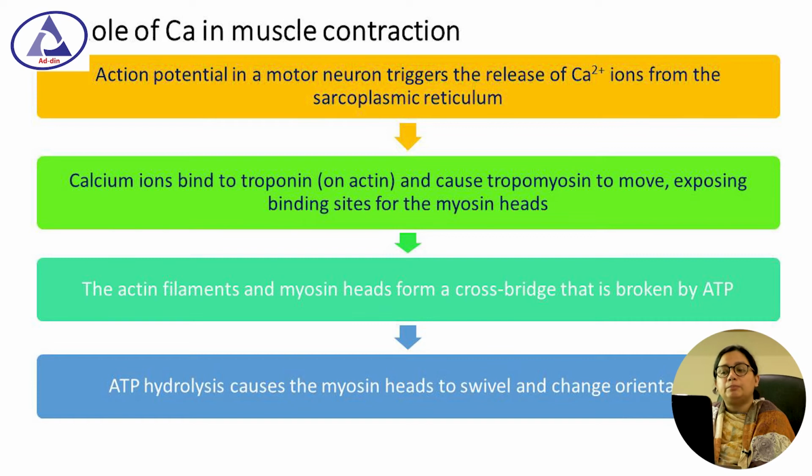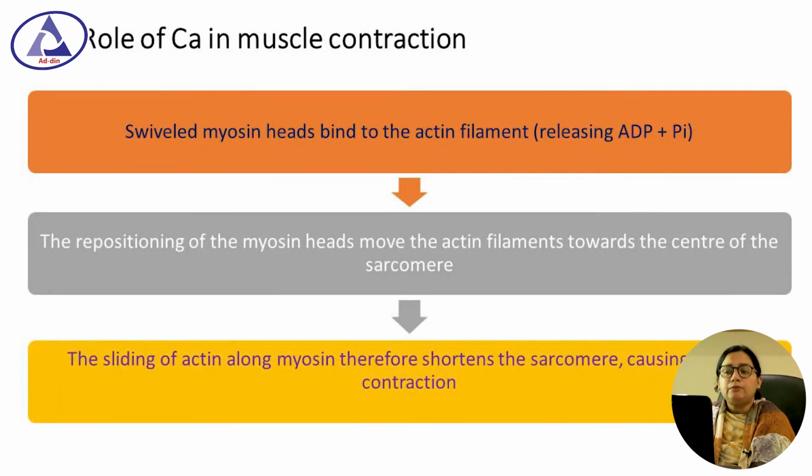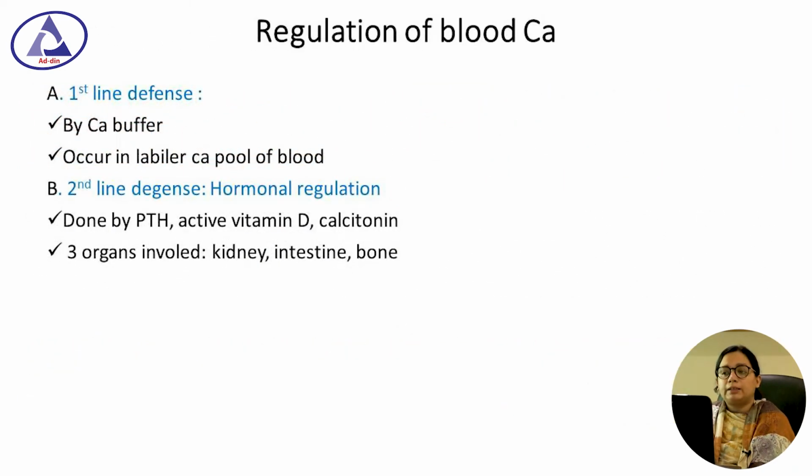The actin filament and myosin heads form a cross bridge that is broken by ATP, and ATP hydrolysis causes the myosin heads to swivel and change orientation. The swiveled myosin head binds with the actin filament, and the repositioning of the myosin head moves the actin filament towards the center of the sarcomere. The sliding of actin along myosin therefore shortens the sarcomere, causing the muscle contraction.